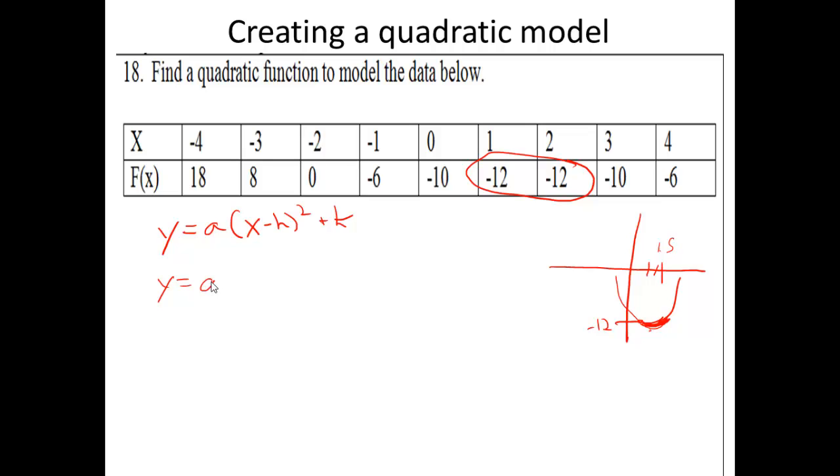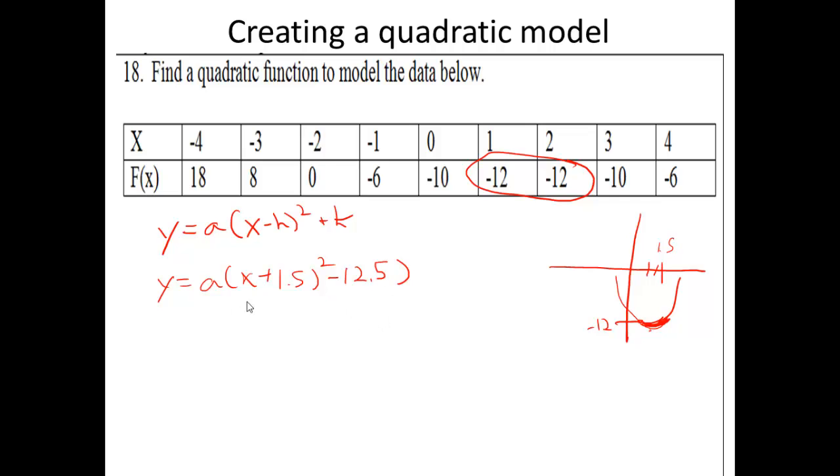So y is equal to a times x minus, now again we have to do the opposite, so I just caught myself, 1.5 squared. Now it looks like we can't have our vertex at negative 12 because that point has to be lower than that. So we'll just say it's at negative 12 point 5.